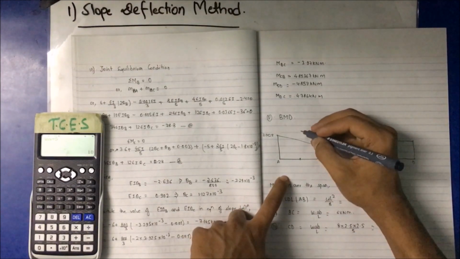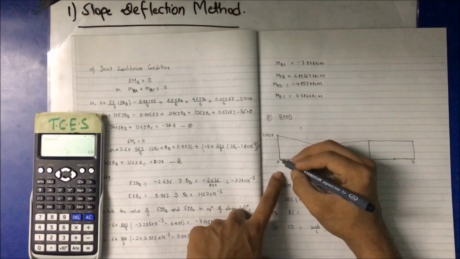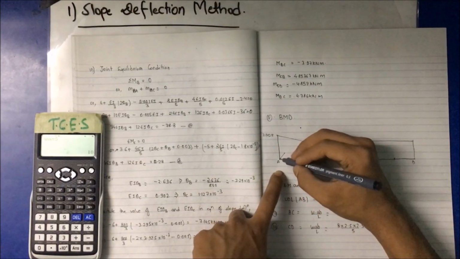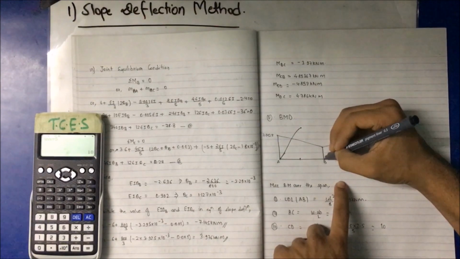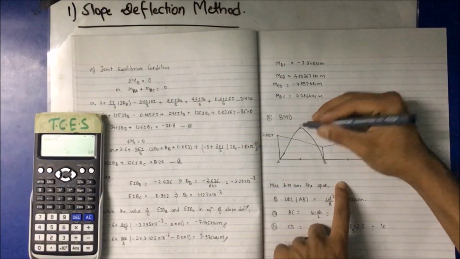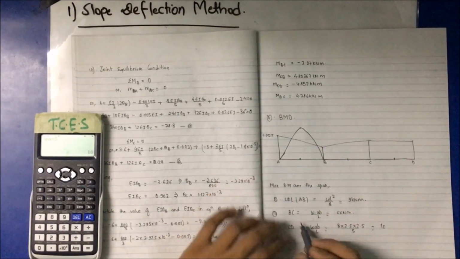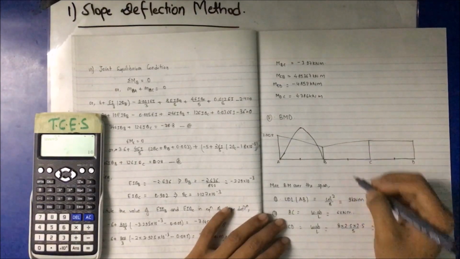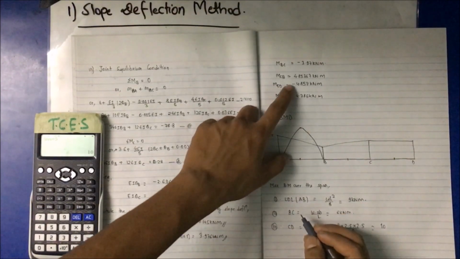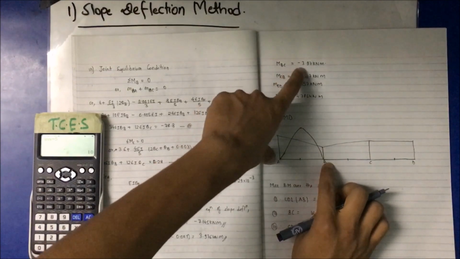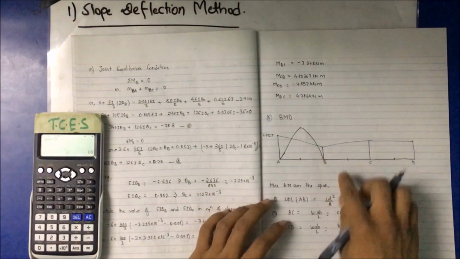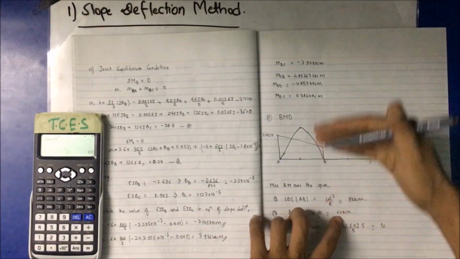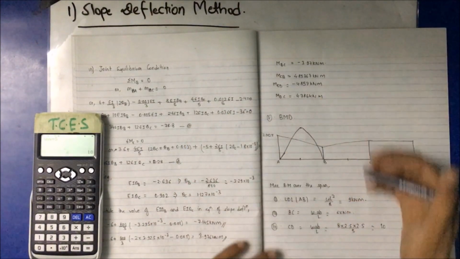So 9 should be somewhere here. It is a UDL, so it will be a curve. For BC, a point load, 6 kilonewton meter, this being minus 3 and this being minus 4, so 6 kilonewton meter. For this we will put the positive value upward, and for this the negative value upward.